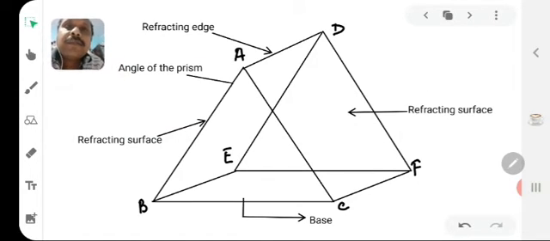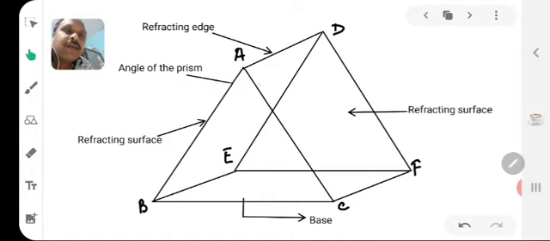So as you can see, I've shown the diagram of a prism, and I have labeled the different parts of a prism. So right now you're having the different labelings, as you can see. So let me show you. A, D, F, C. As you can see, A, D, F, C. This is the refracting surface.